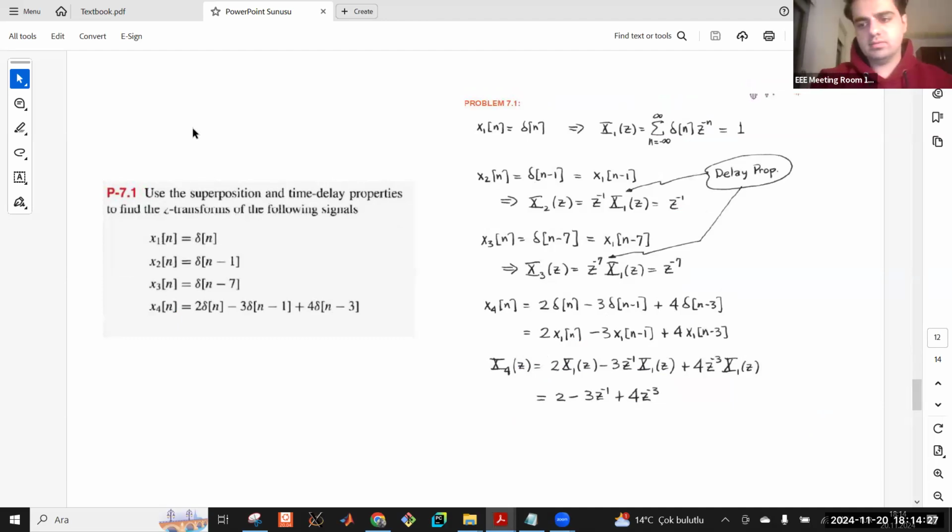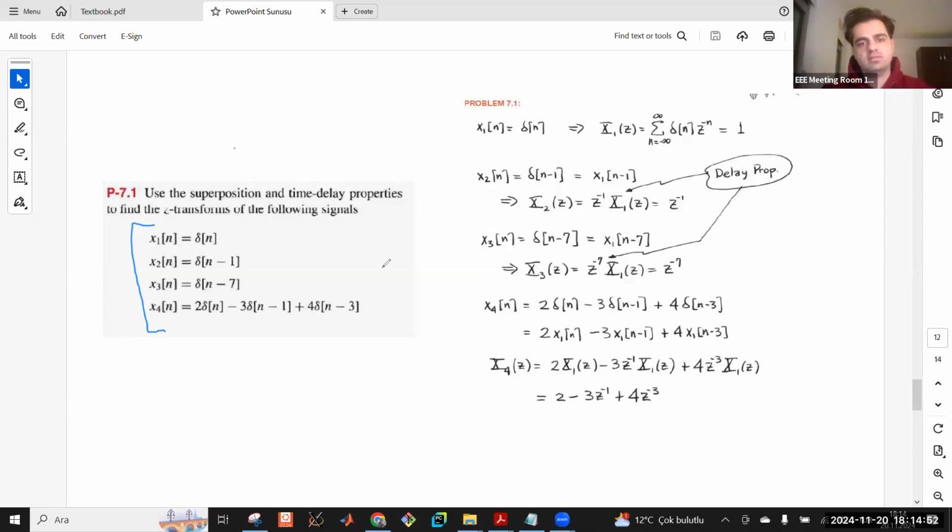I will solve 3 questions from chapter 7. In this question, we are given 4 different signals, and we will find their Z-transform.